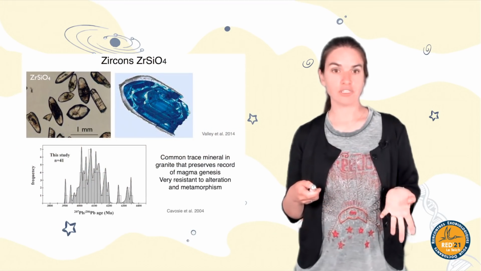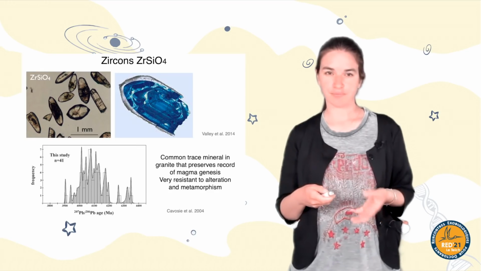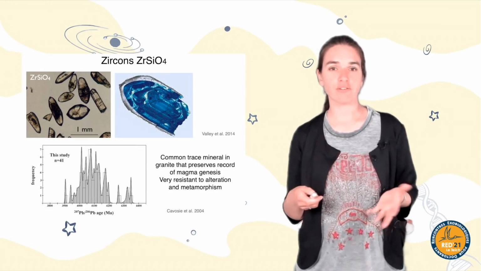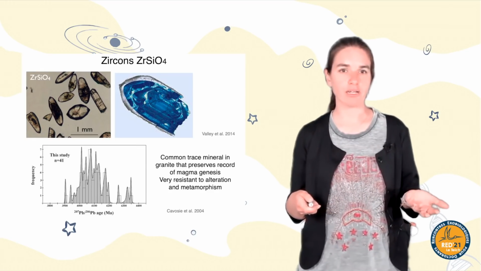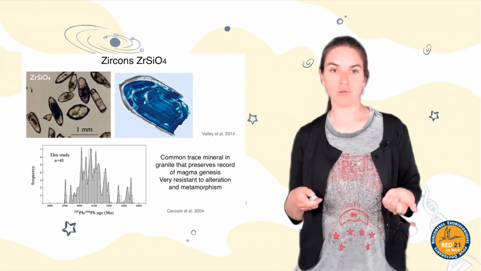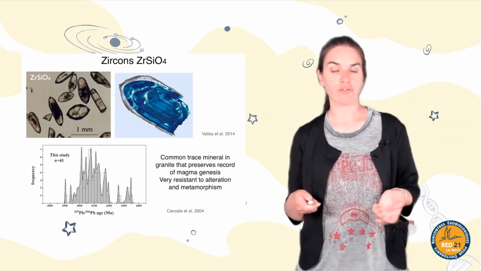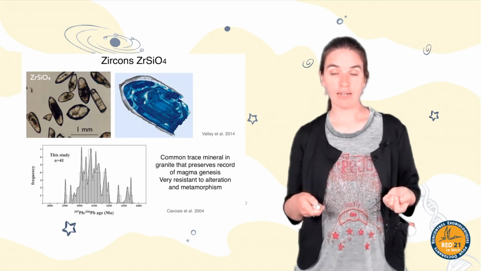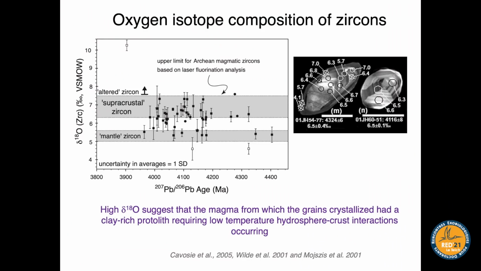This is because the oxygen isotope composition in any kind of mantle zircon should be around 5 per mil. And if you have a higher delta 18O composition, that is called a supracrustal signature, like here on this picture, you can only produce this higher oxygen composition by integrating some surface sediment and especially clays.